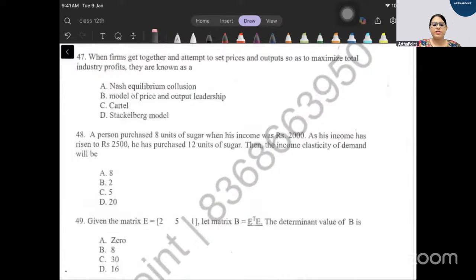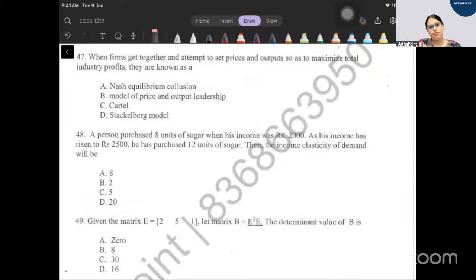Question number 47. When firms get together and attempt to set price and output so as to maximize total industry profit, they are called as.